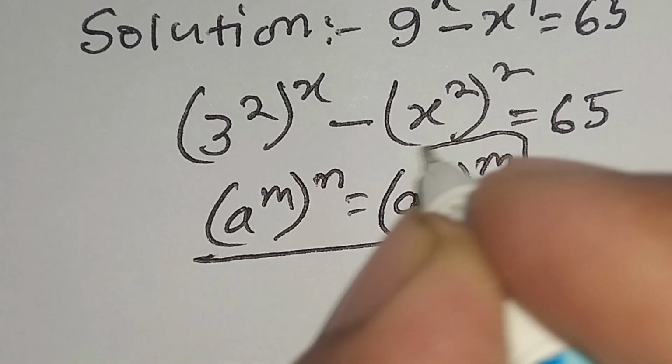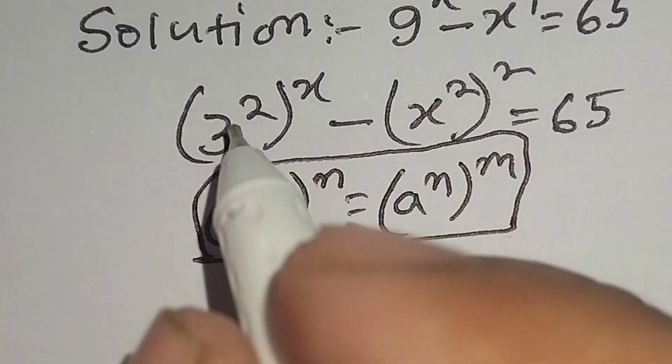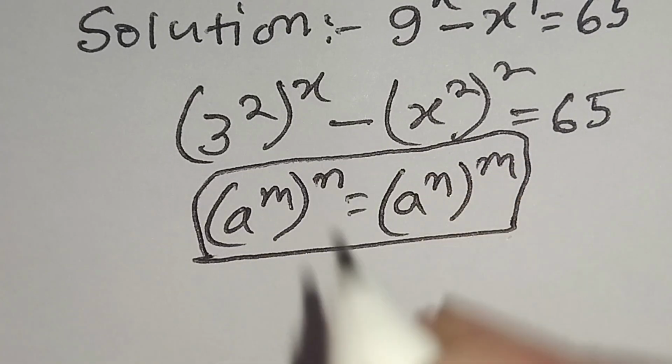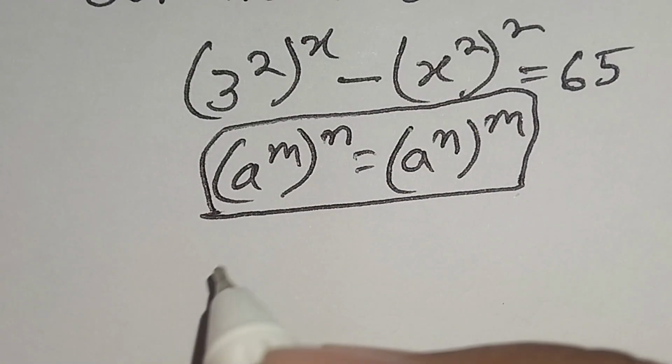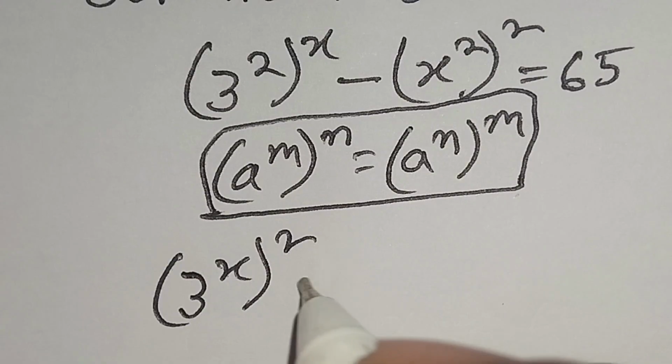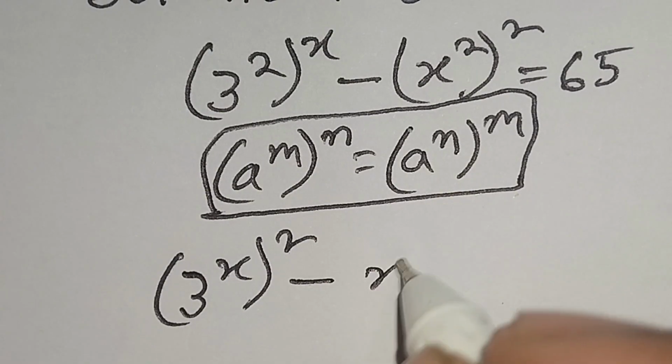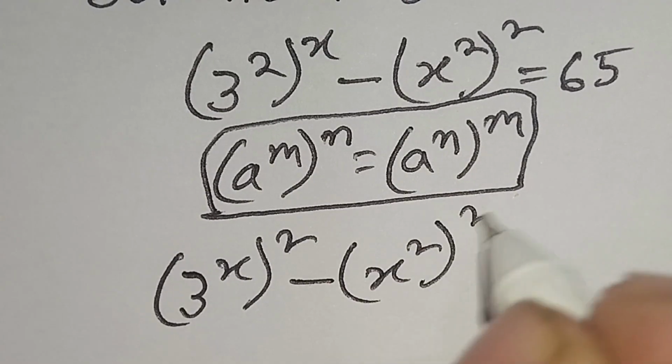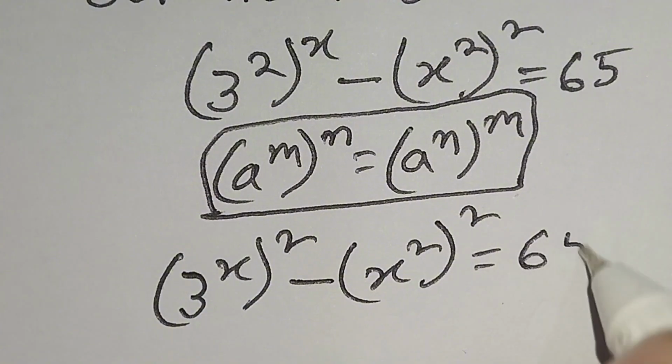According to this exponential formula, we can write this (3 to the power 2) whole power x as (3 to the power x) whole square minus this (x square) whole square is equal to 65.